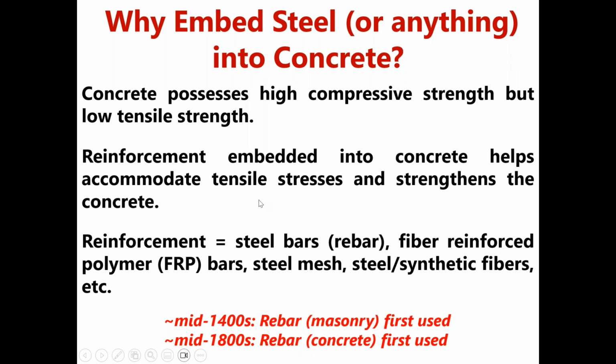That reinforcement can be anything. It could be steel bars that we call rebar, could be FRP bars, fiber reinforced polymer bars, steel mesh or steel or synthetic fibers, etc. So rebar isn't the only game in town, but it's obviously very commonly used and commonly seen.